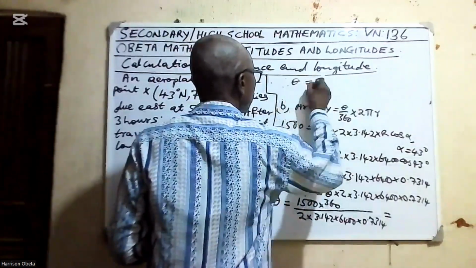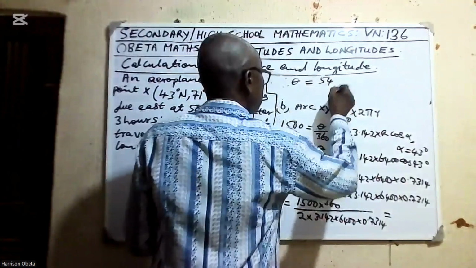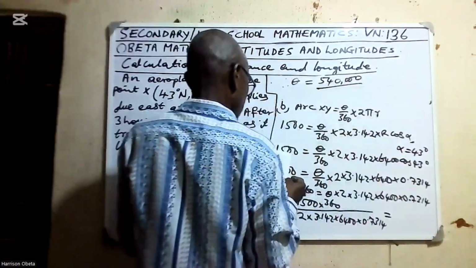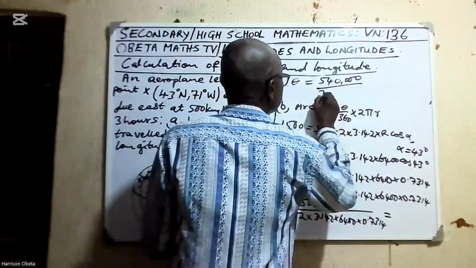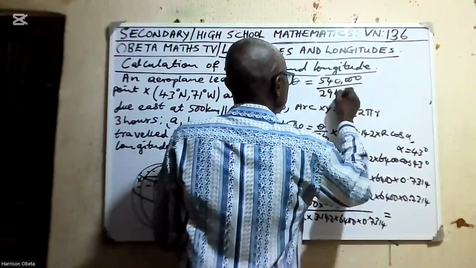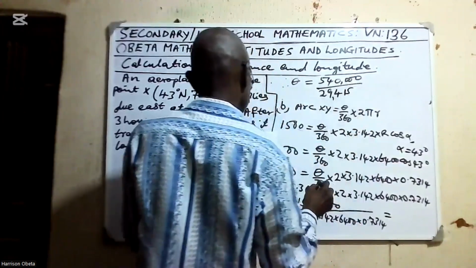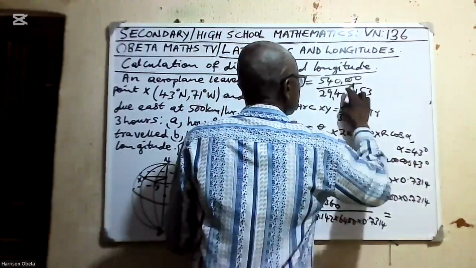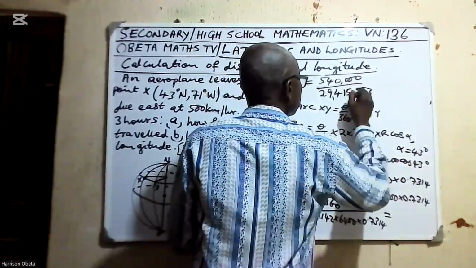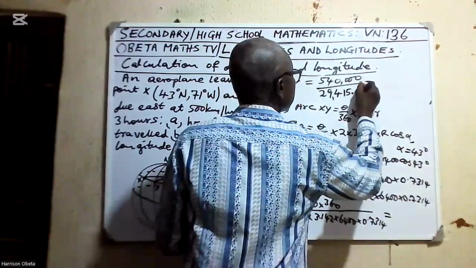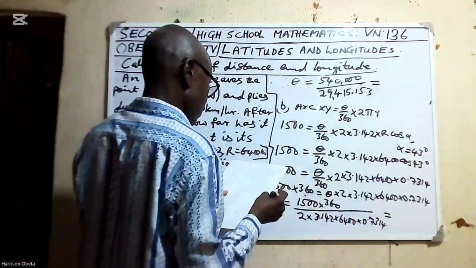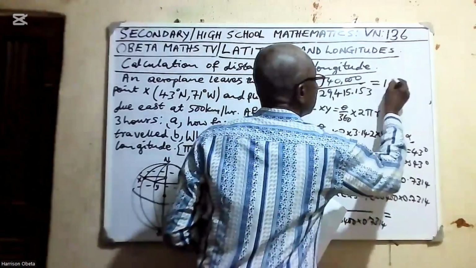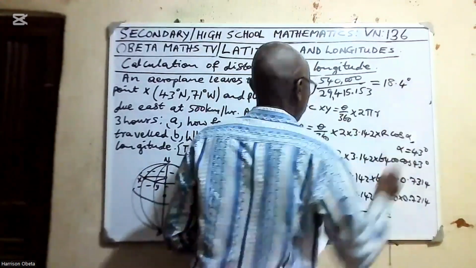Therefore, theta is equal to 540,000 divided by, to multiply out, we have 29,415,153. That will finally give us 18.4 degrees approximately.